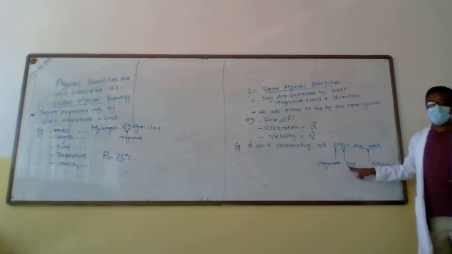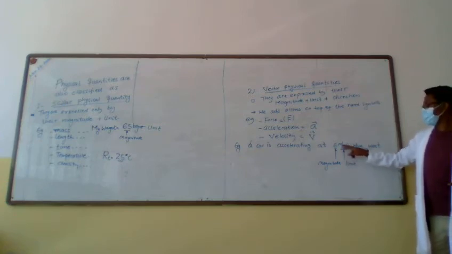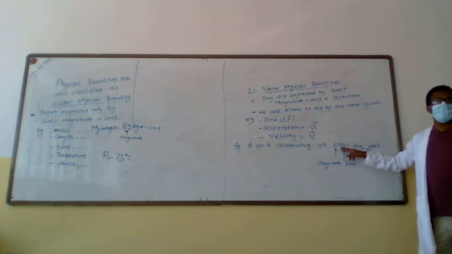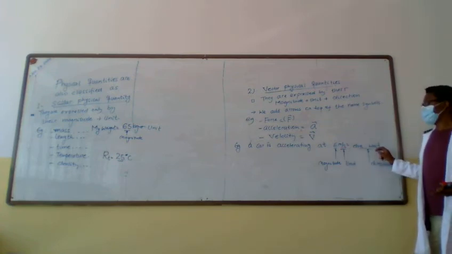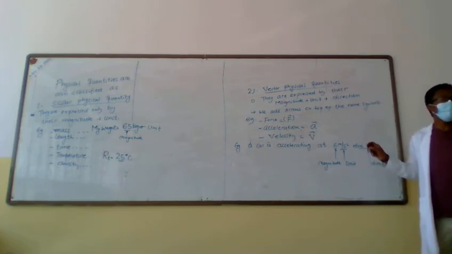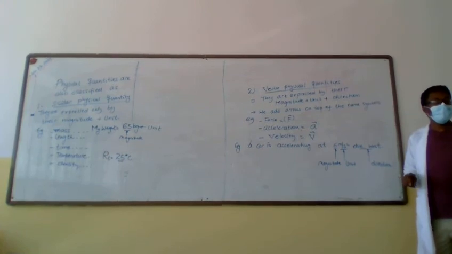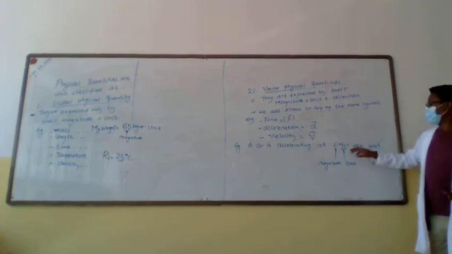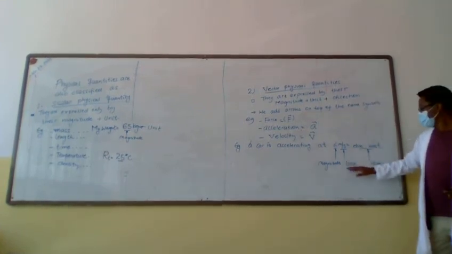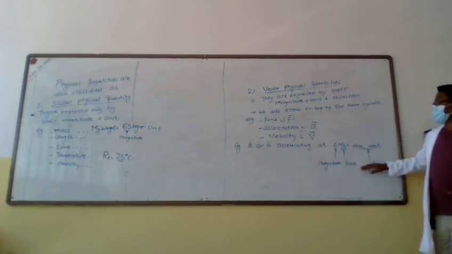Derived unit, very good. Due west is the direction. Okay? So we have the magnitude, the unit, and the direction.